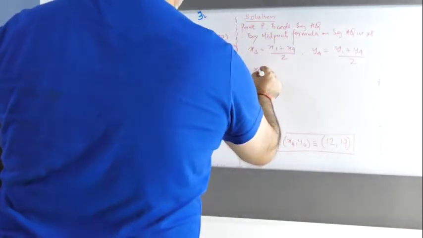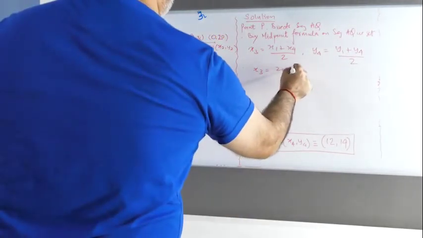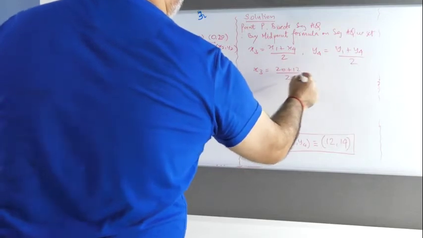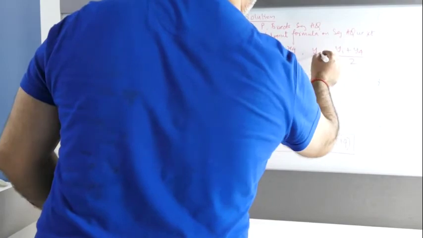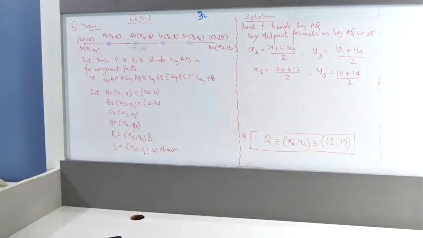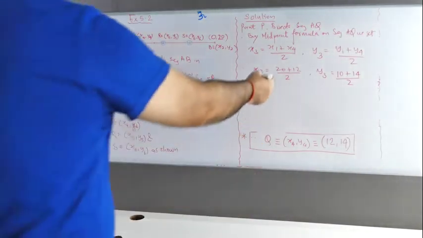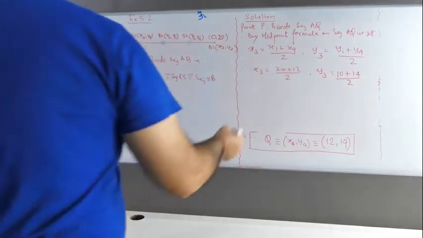Substituting, x3 is equal to (20 plus 12) upon 2, and y3 is equal to y1 is 10 and y4 is 14, upon 2. So 20 plus 12 upon 2 and 10 plus 14 upon 2.